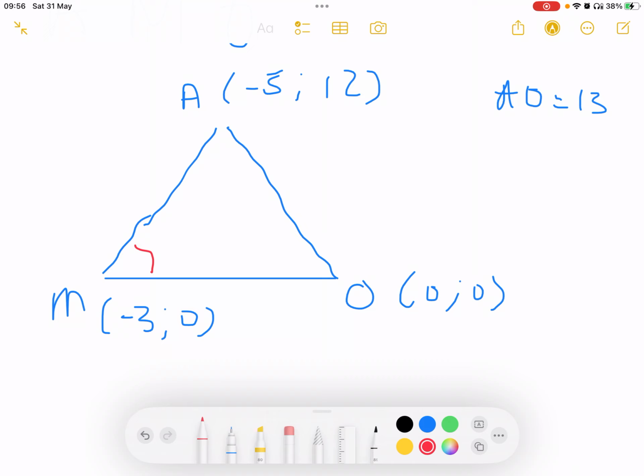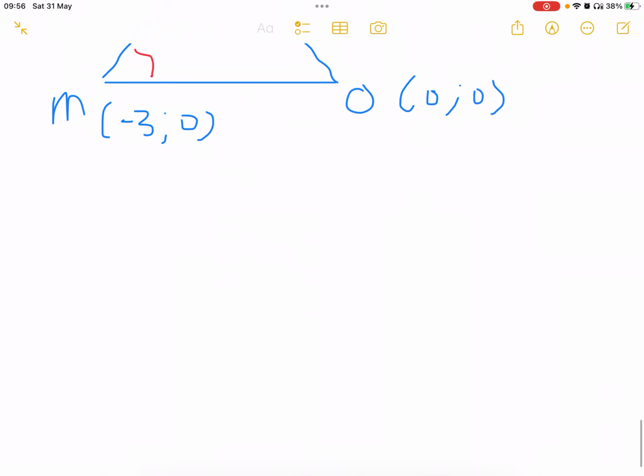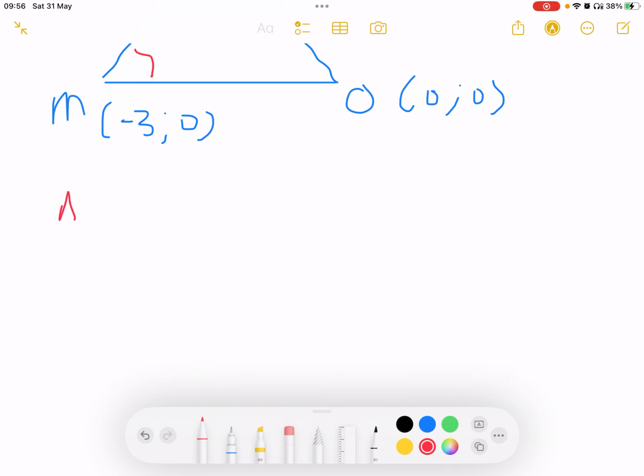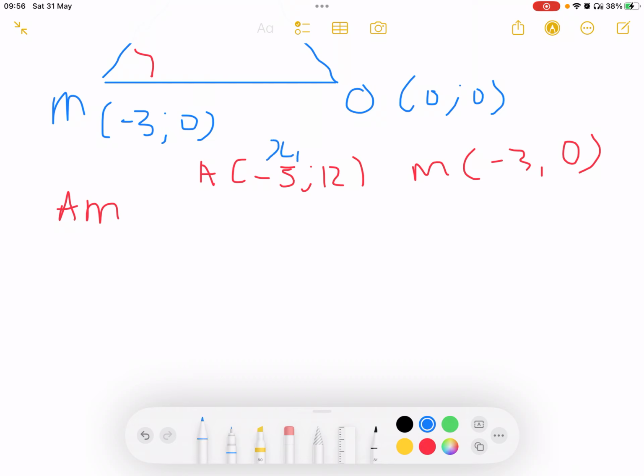So let's start by calculating AM. AM comes from the coordinate A, which is -5, 12, and M, -3, 0. Alright, then we label x1, y1, x2, y2.